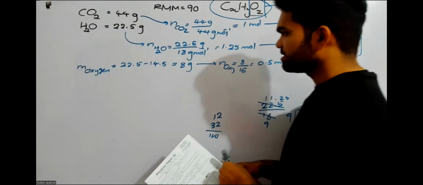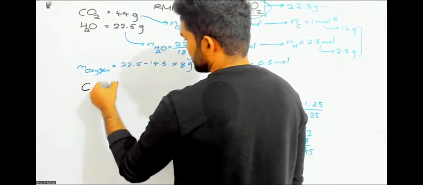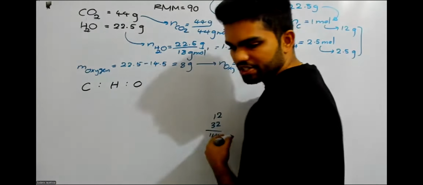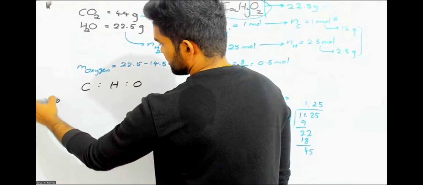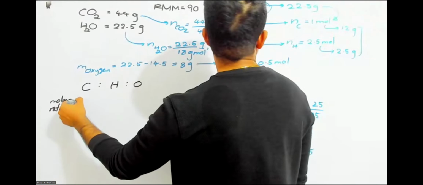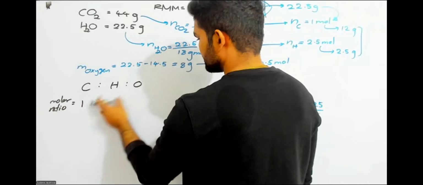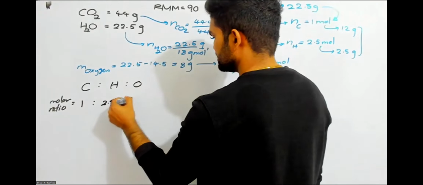Now you know the moles of each element. So in this method, the next step is getting the carbon, hydrogen, oxygen molar ratios. Here this is 1, this one is 2.5, and this one is 0.5.